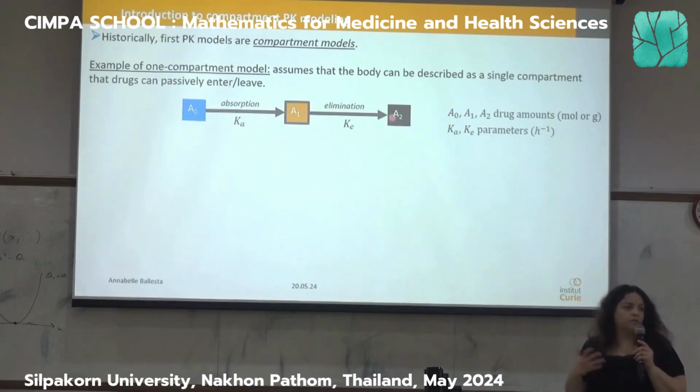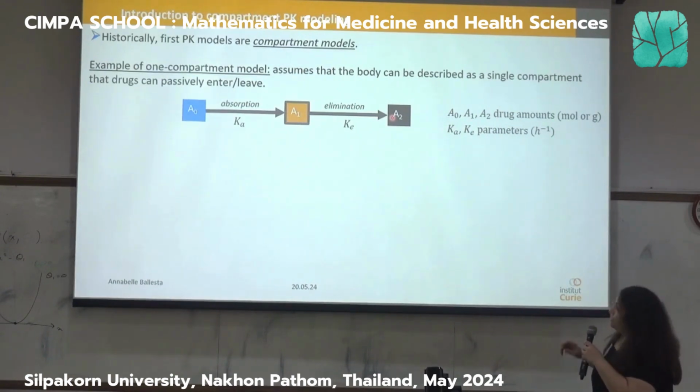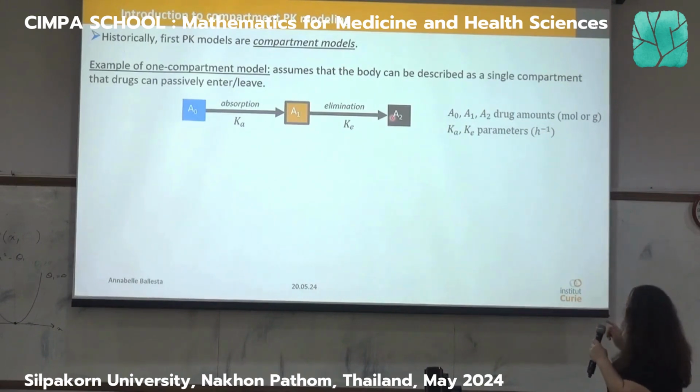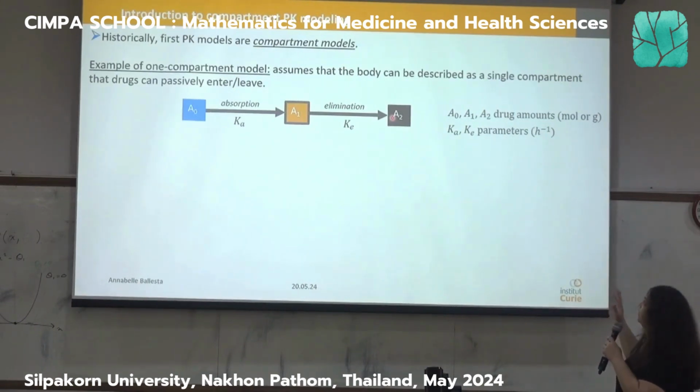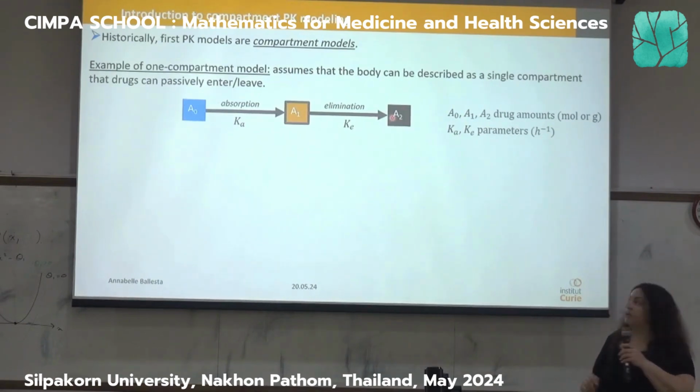So basically, here you have three state variables, A0, A1, and A2. In that case, they are drug amounts, so typically in moles or grams.